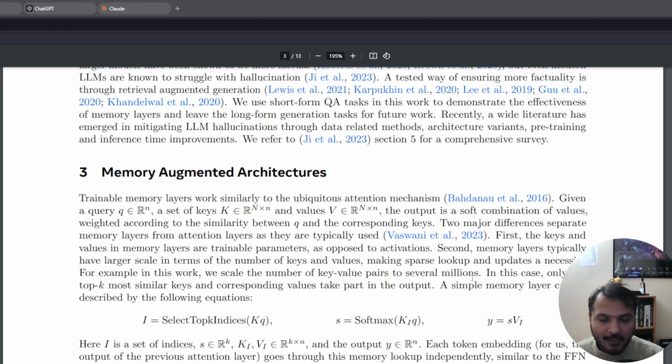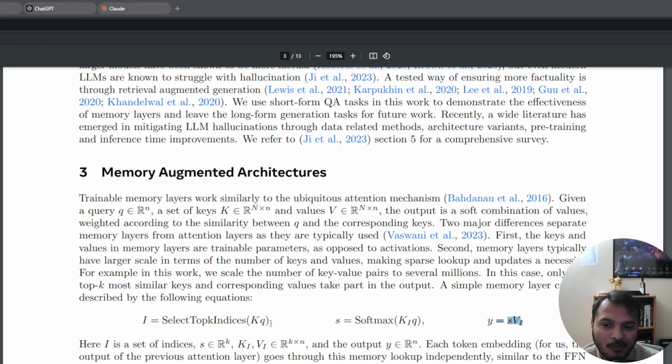Essentially, we take the query, multiply it by the key, find the top n indices, get the softmax, and then take those items from the value matrix. Now you can imagine you can make K and V extremely large, and that is where you store your memory. This is what I meant by expanding vertically. We just have one MLP layer, and we make the matrices extremely large.